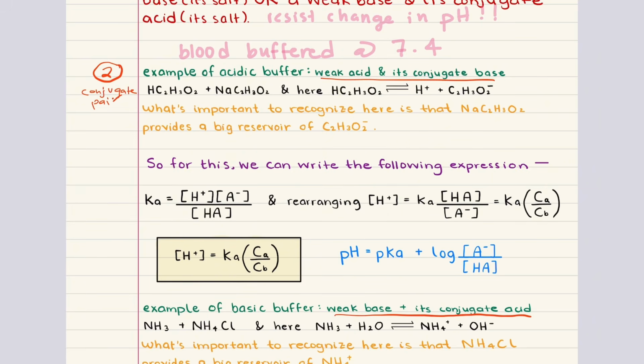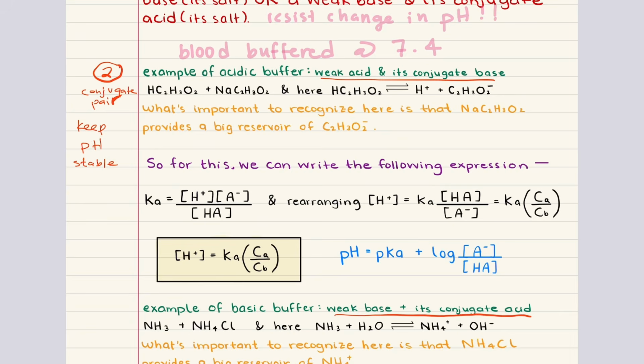It creates this built-in reservoir of both the proton donor and the proton acceptor. And that reservoir is what allows the solution to absorb stress and keep the pH from shifting too much when you add in a little extra acid or base.